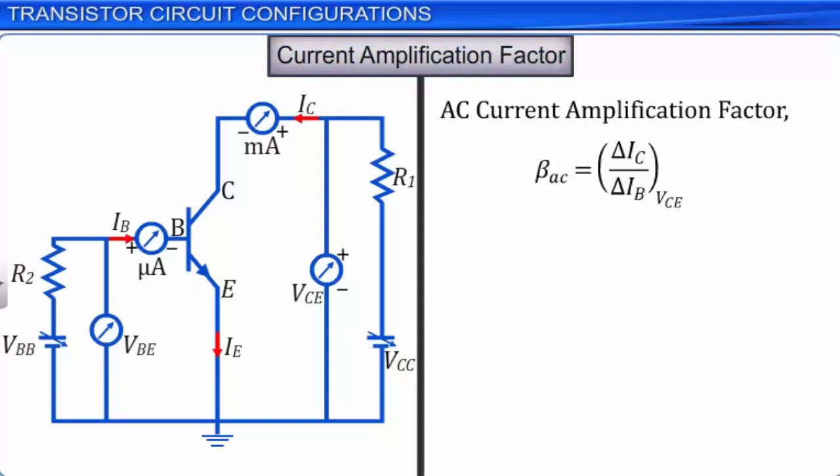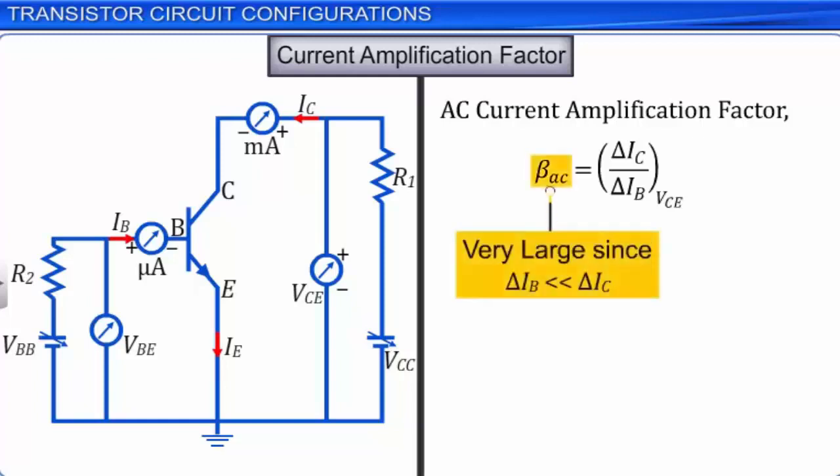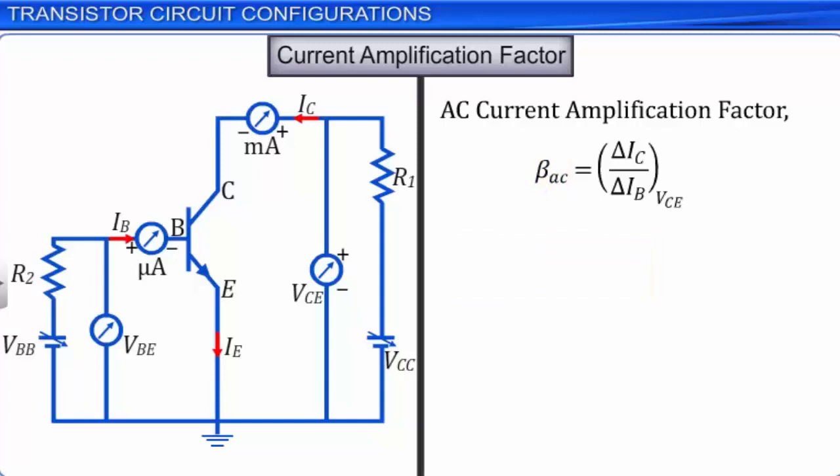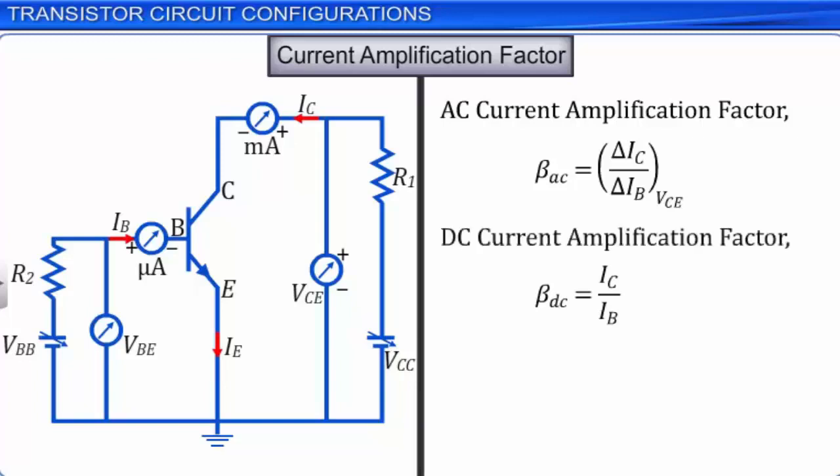Its value is very large since a large change in the collector current results in a very small change in the base current. The ratio between the absolute values of the collector current IC and the base current IB is called the DC current amplification factor. The values of the AC and DC current amplification factors are almost equal.